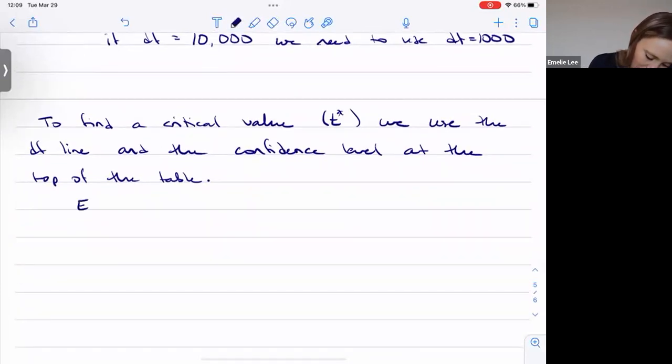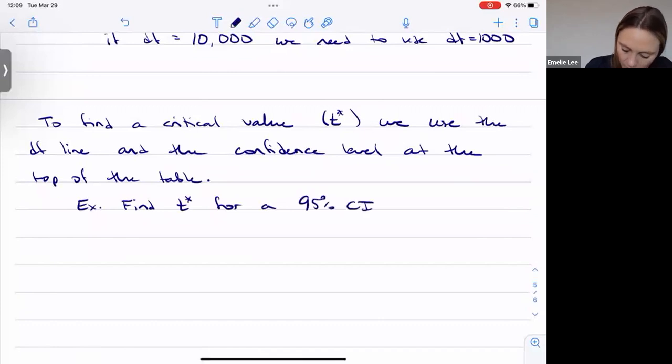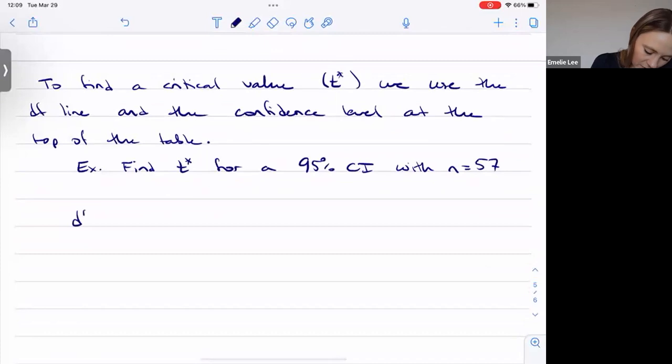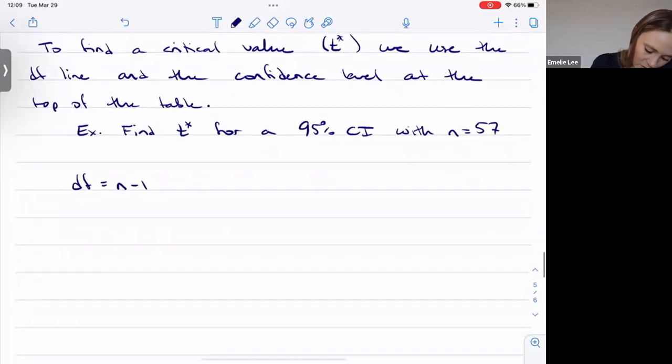So for example, find T star for a 95% confidence interval with n equal to 57. So what's the first thing we have to do? We have to say degrees of freedom is n minus 1.